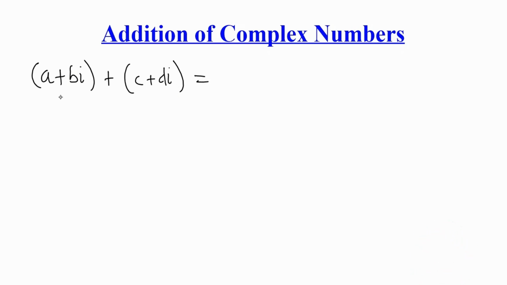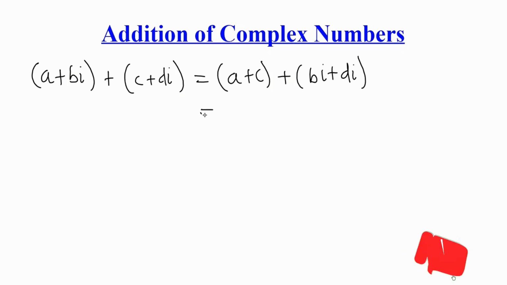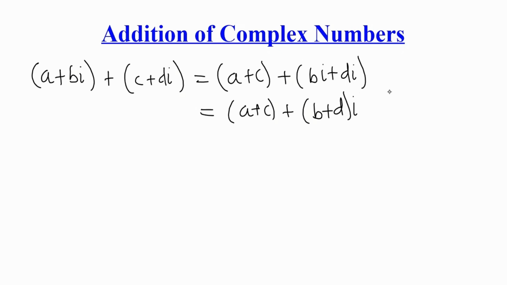First, you sum the real parts, and the real parts here are a and c, so that becomes a plus c. Then we also sum the imaginary parts, that is bi plus di. We maintain the real part, a plus c, and we factorize the imaginary unit i out, and that becomes (b plus d)i. So basically, this is how we add complex numbers.